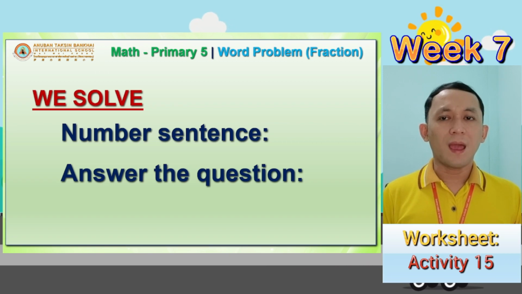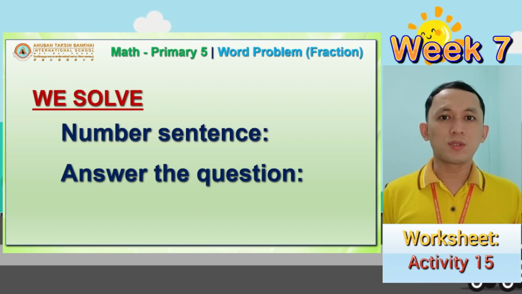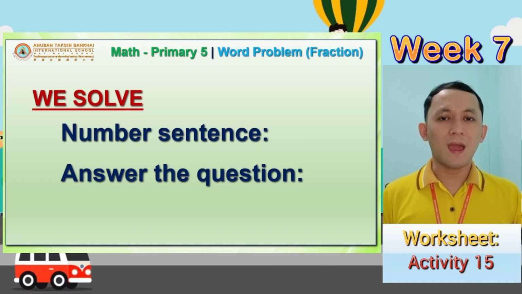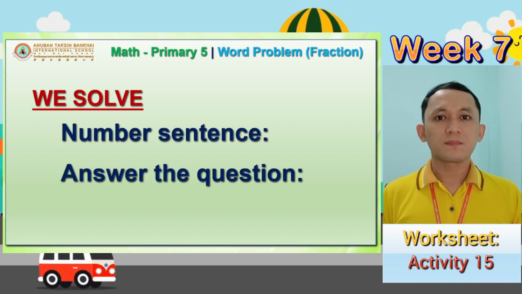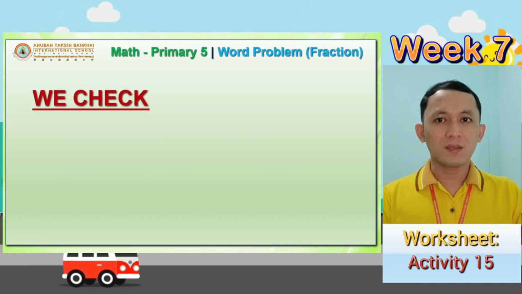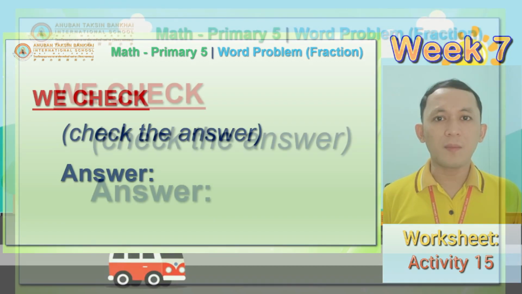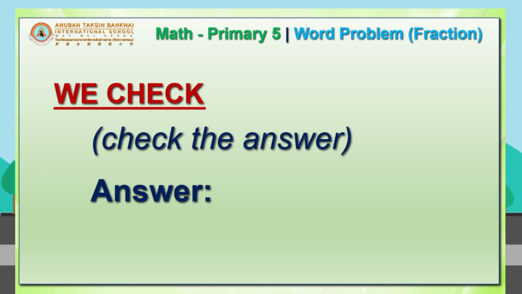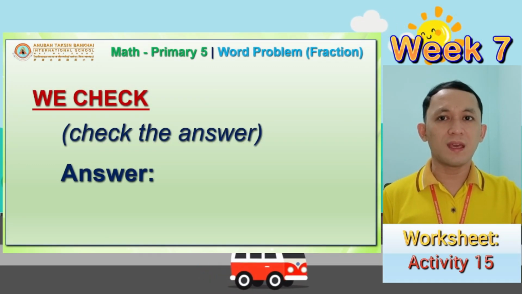We show our solution to get the correct answer to the problem. And the last one is we check. Here we check our answer, but most of the time we are not going to do that, and we are just going to write our answer.